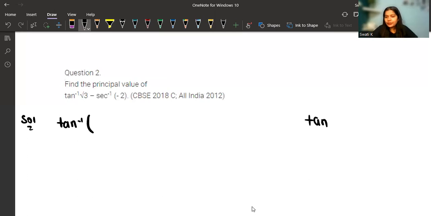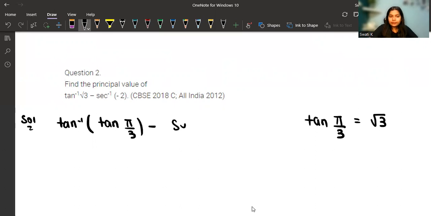But 60 I can also write down as pi by 3, correct? So we know that tan pi by 3 has the value root 3. So here in place of root 3, I'm going to replace it with tan pi by 3. Minus sec inverse, sec inverse as it is, I have written, and for minus 2, I'm going to use a formula, the value.